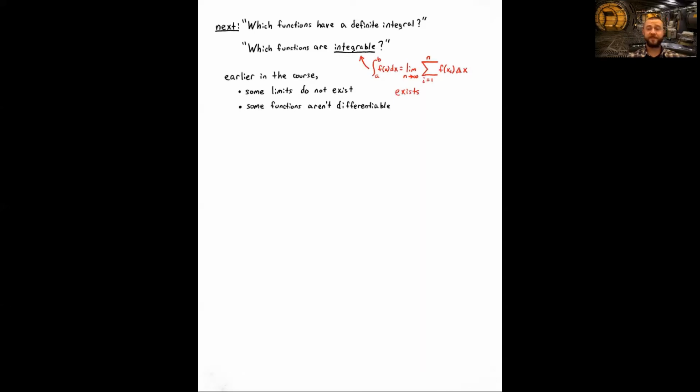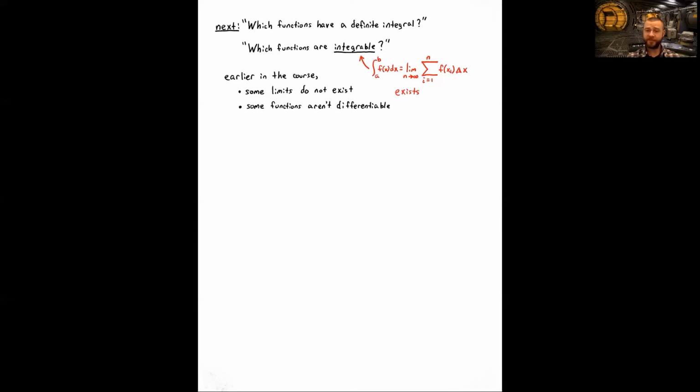Earlier in this lecture, we defined the definite integral as a limit. The limit as n, the number of rectangles, goes to infinity. For what we have expressed here, what we said was the right endpoint approximation with n rectangles. Now, what this idea of integrable is asking is, for which functions f of x does this limit exist?